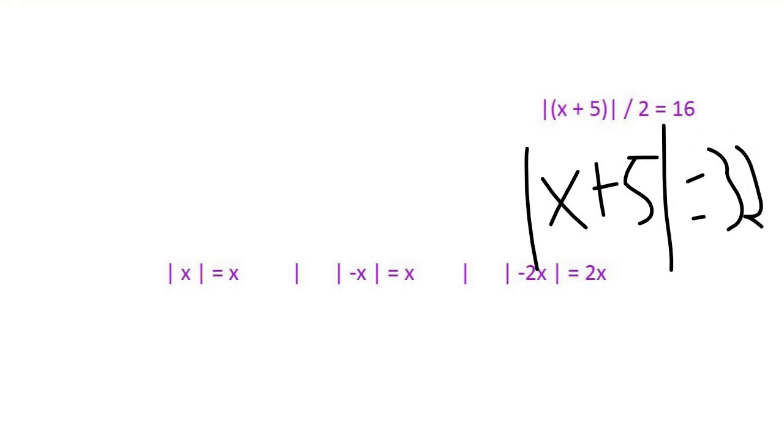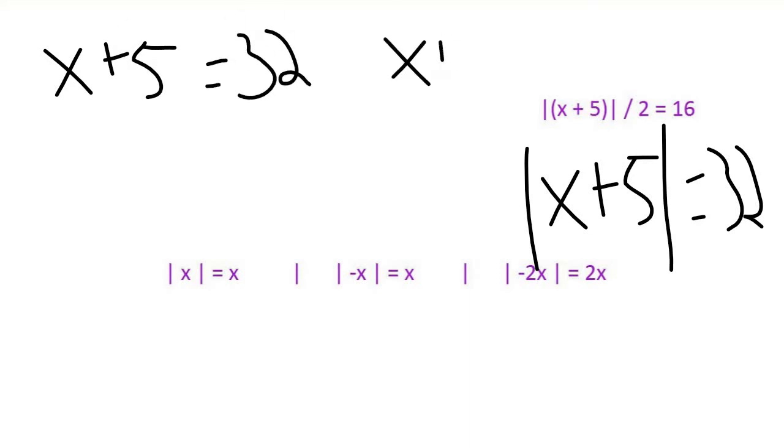Alright, now we can break it up into two different equations. So we have x plus 5 is equal to 32, and x plus 5 is equal to -32. Alright, so now looking at this, we just solve these equations.